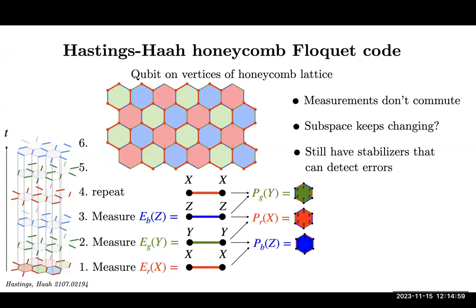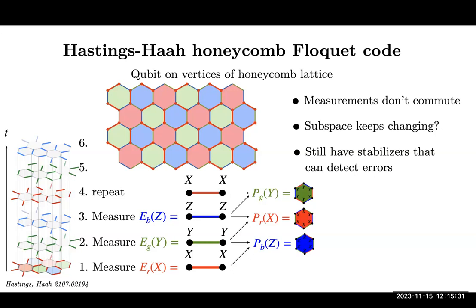The first thing to notice is that, in addition to these measurements, there are still some constants of motion of this measurement dynamic. For example, using information of the first round and the second round, if you look at the blue Floquet, you notice that there are red edges and green edges. If I take the product of the red edges and green edges together around this Floquet, I have 6 X's and 6 Y's.